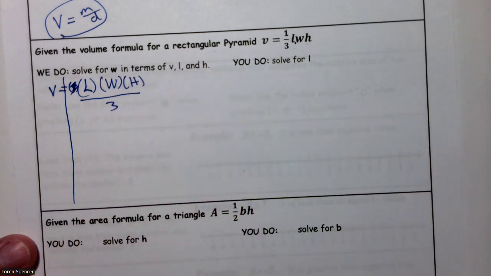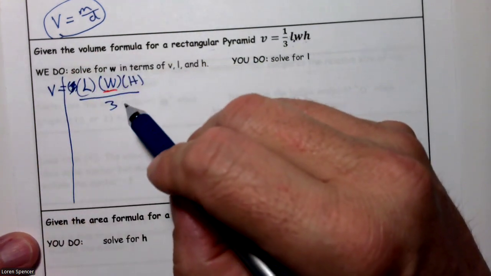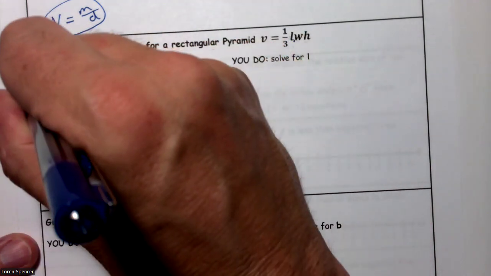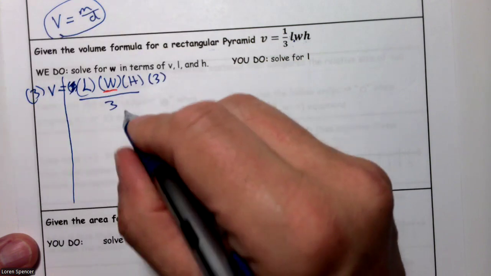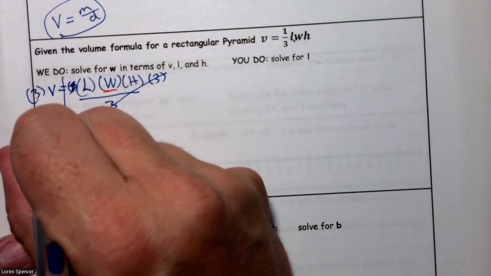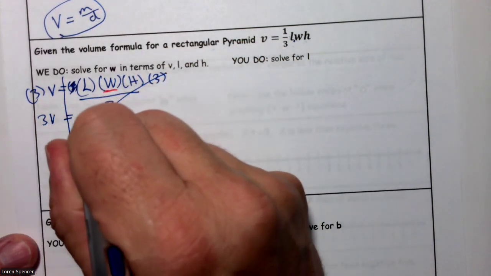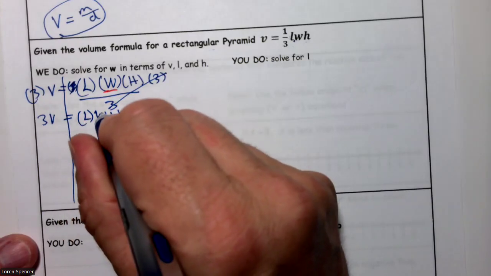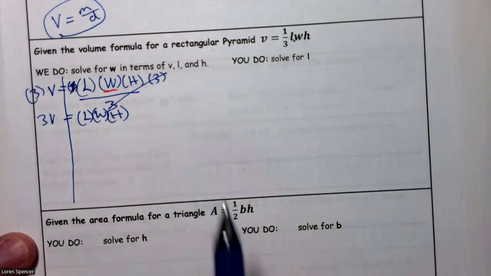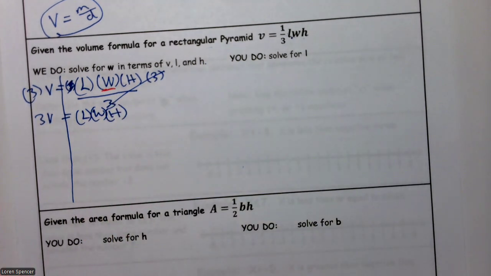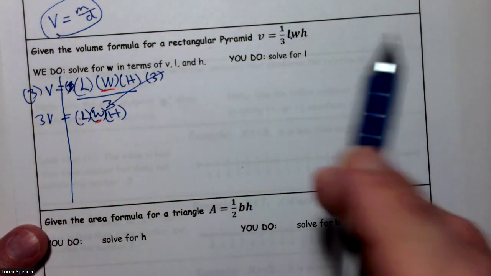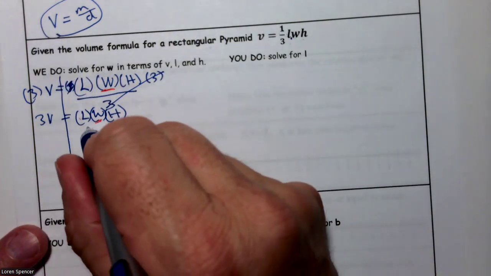All right. And it wants me to solve for W. So here's W right there. I want it by itself. Well, what's bothering us is we have this 3 in the denominator. So I'm going to multiply both sides by 3. This goes away, and I have 3V equals LWH. Well, I'm still looking for W, and it's being multiplied by L and H. How do I undo multiplication?